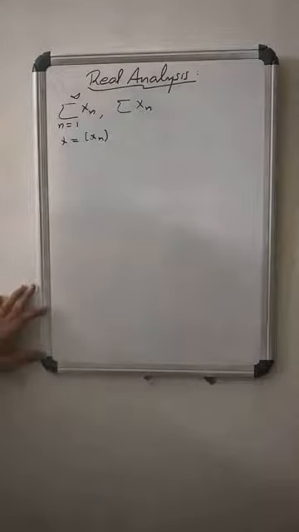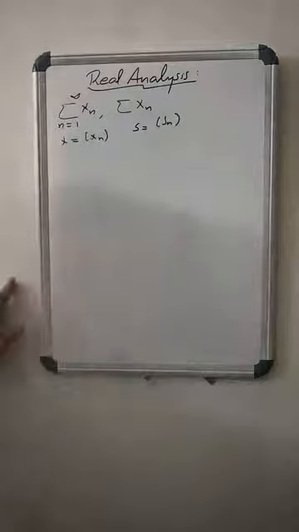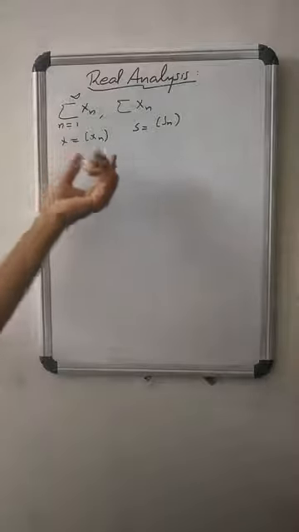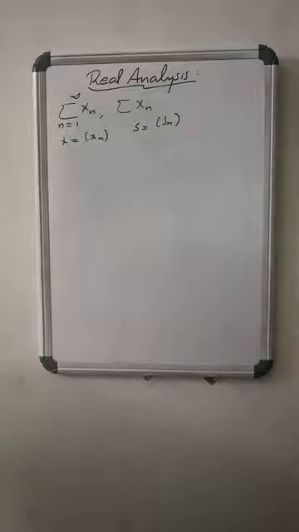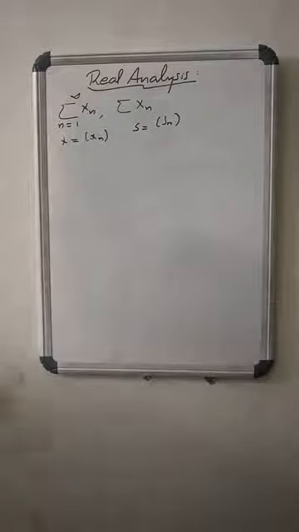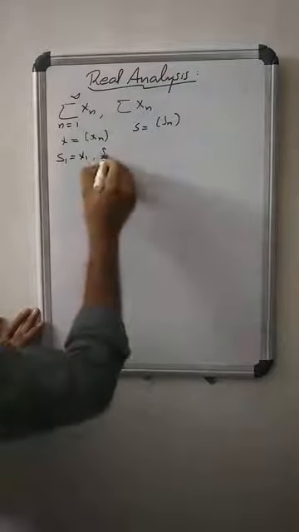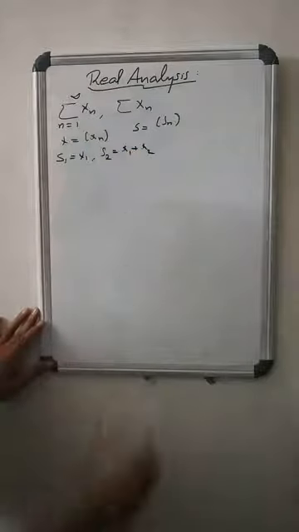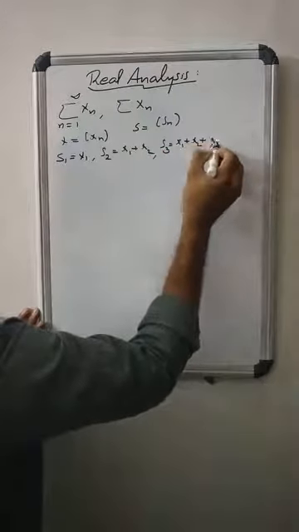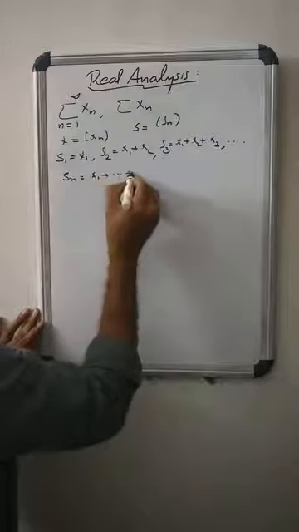Let x equals xn be any sequence of real numbers, then the infinite series generated by x is the sequence s equals sn, where sn is the nth partial sum. It is defined by s1 equals x1, s2 equals x1 plus x2, s3 equals x1 plus x2 plus x3, and so on. sn equals x1 plus etc. plus xn.